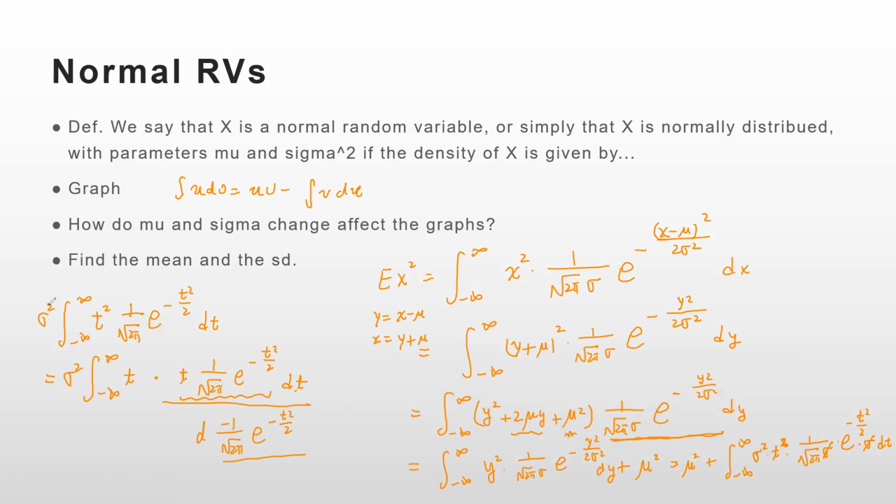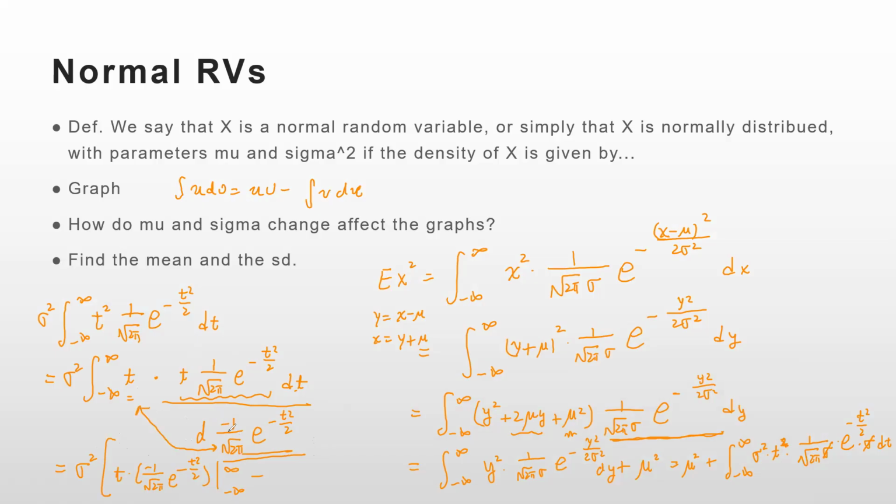So that equals, sigma squared is still there. This is our u, this is our v. So I have t times negative 1 over the square root of 2 pi times e to the negative t squared over 2, t from negative infinity to infinity, minus, we're going to switch these two.